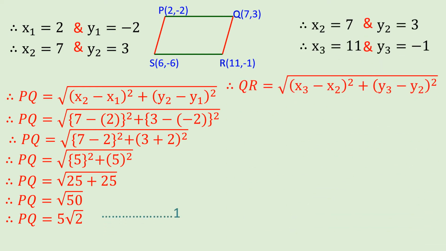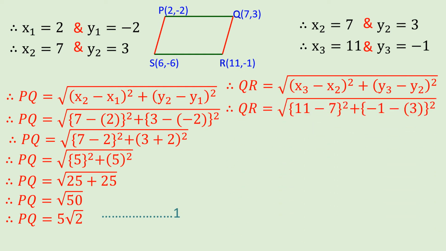Go for the next one, QR. QR is root of 11 minus 7 whole square plus minus 1 minus 3 whole square. You can see that in the formula, the components are replaced by the next coordinate. That's why x2 got replaced by x3. I hope you have understood why it is done. So the substitution is completed.